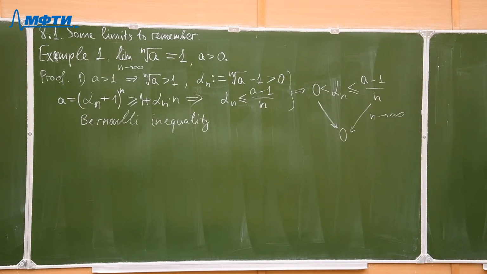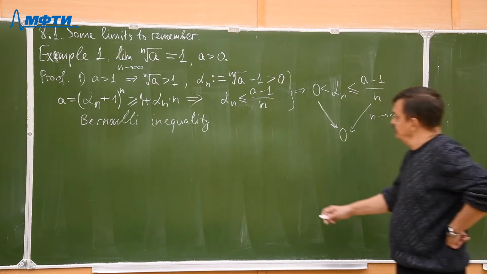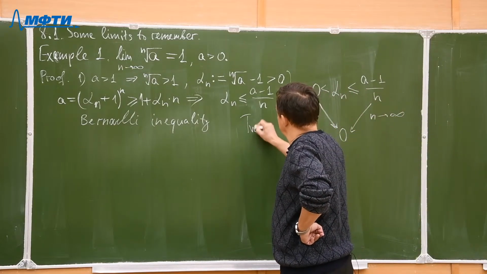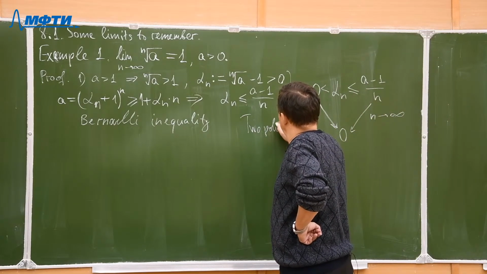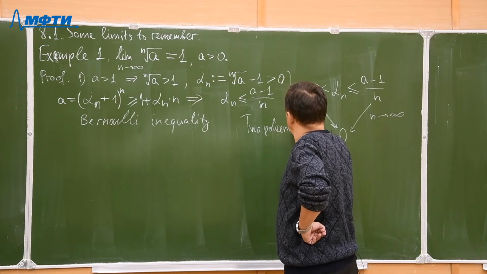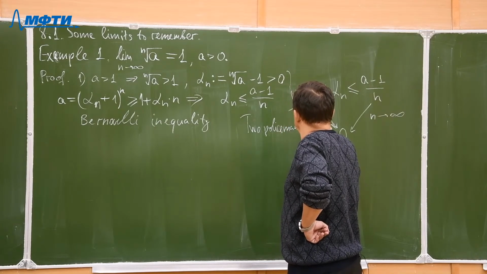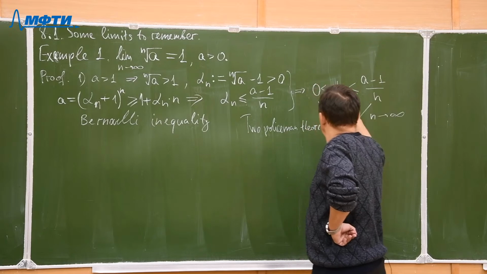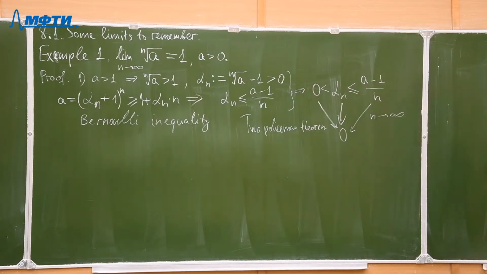So we deduce by two policemen theorem that alpha n tends to 0 as well.